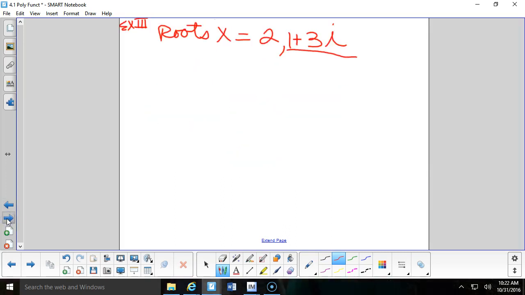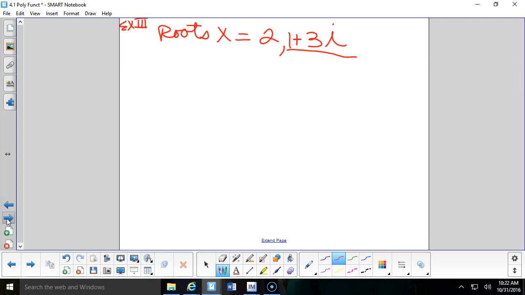So find a polynomial that has these roots: 2 and 1 plus 3i. Now here's the pay attention part, because this is a thing you didn't do last year, I'm thinking. Remember a minute ago when we did the quadratic formula and a whole bunch of you had a cow?